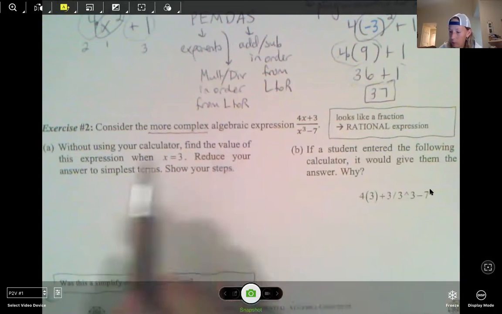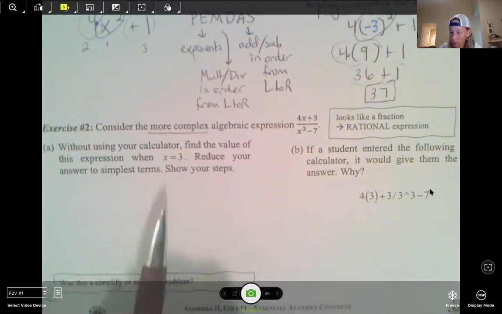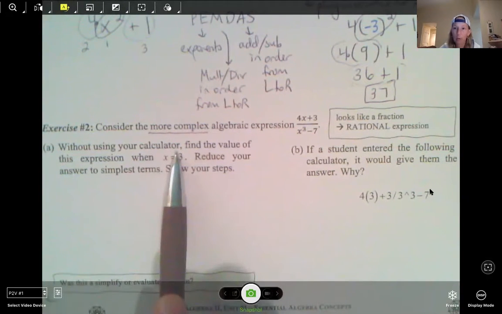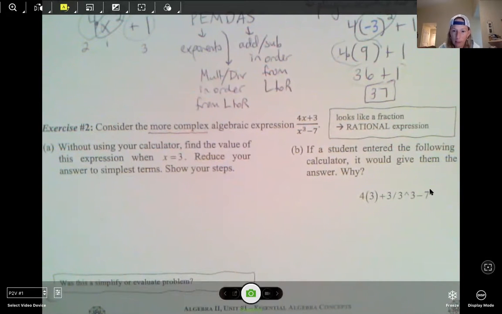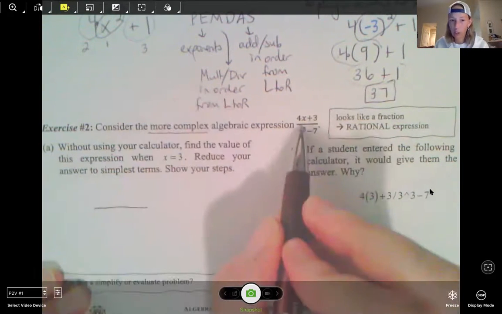And it says, without using a calculator, find the value of the expression when x equals 3. So we'll do this without using a calculator, and then I will show you how to do it correctly on a calculator. And then we'll look at why this might not get us the right answer. Okay, so again, when we're substituting in, we have a fraction situation.